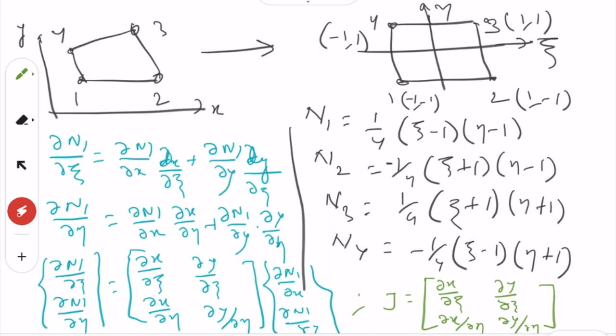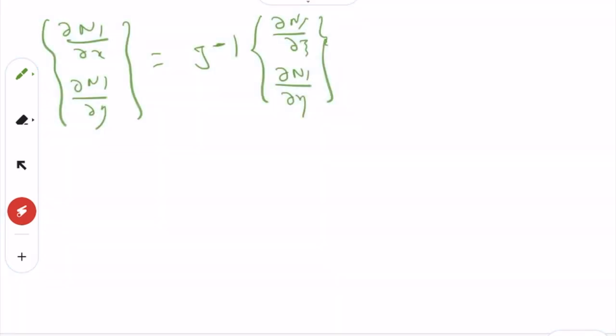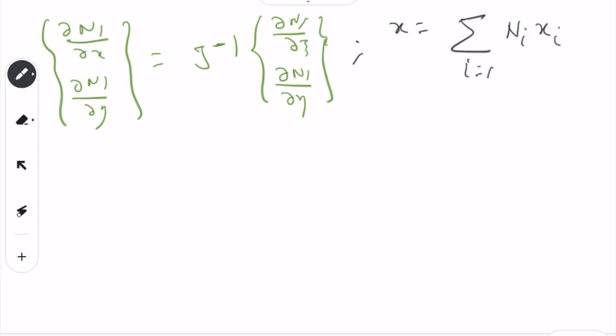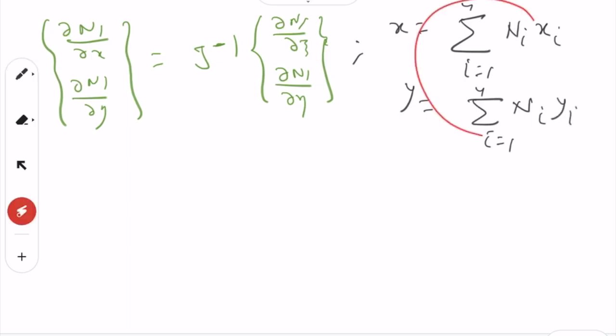We write x in terms of N1, N2, N3 and N4: x equals the summation of Ni xi, i equal to 1 to 4, and similarly y equals the summation of Ni yi, i equal to 1 to 4. So del x over del xi and so on can be calculated, because N is a function of xi and eta.